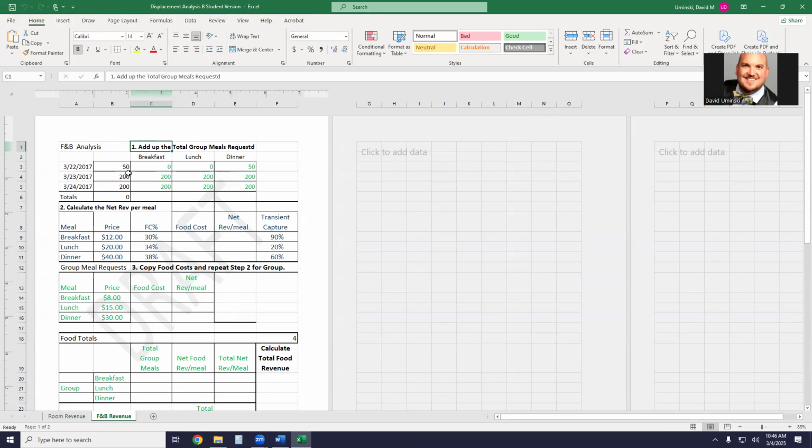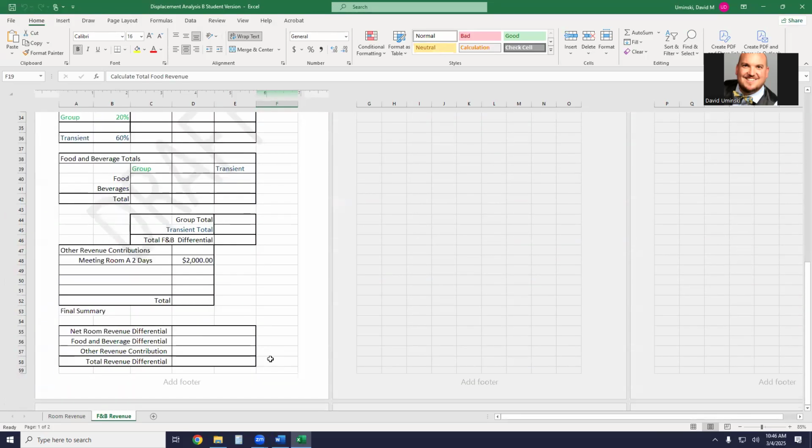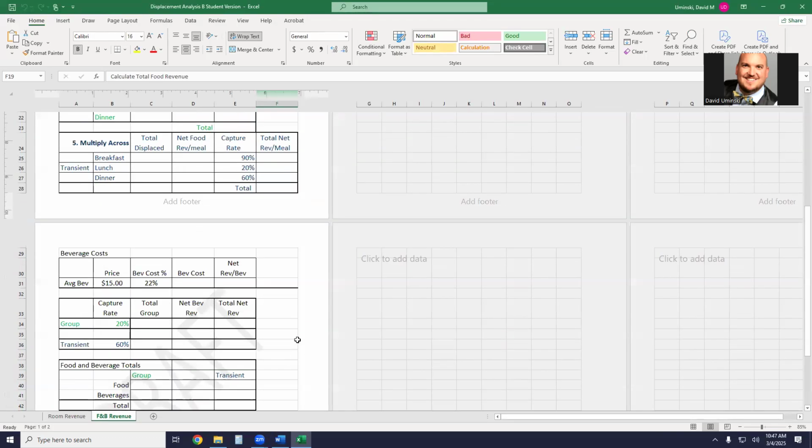So step one, step two, step three, step four. I did not add step five on here, but all the information is there on the step-by-step page.